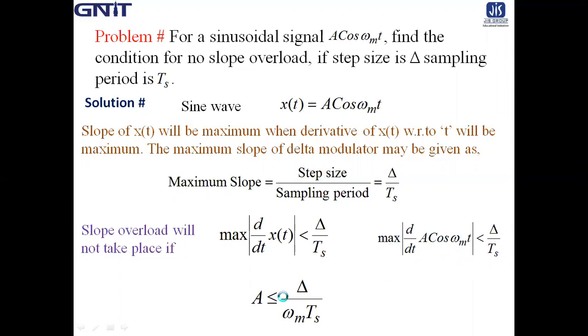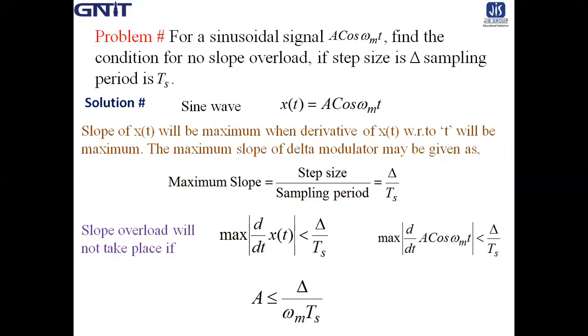So A is always less than or equal to delta by omega m into Ts. That is the condition for no slope overload. And the reverse, that is A greater than delta by omega m Ts, is the condition for slope overload.